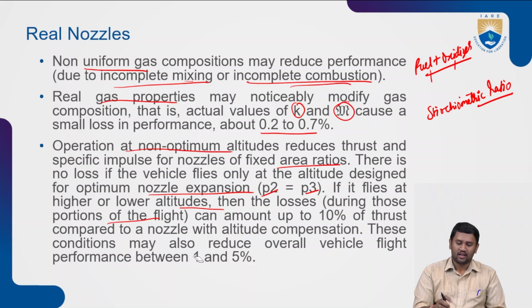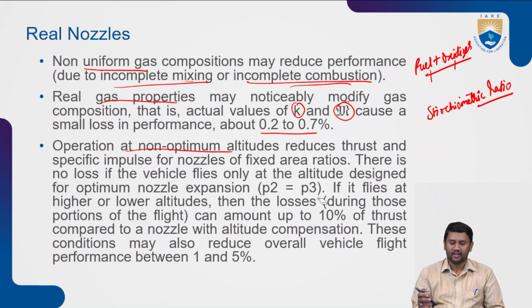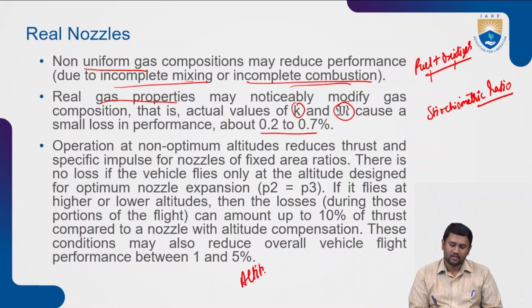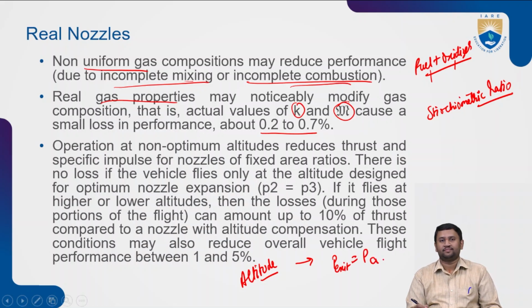So now let us understand this a bit. Whenever we are designing a nozzle, we are designing it to operate at a certain altitude, to have an optimum nozzle expansion ratio, that is, nozzle exit pressure equals ambient pressure. The exit pressure of the nozzle should be equal to the ambient pressure.